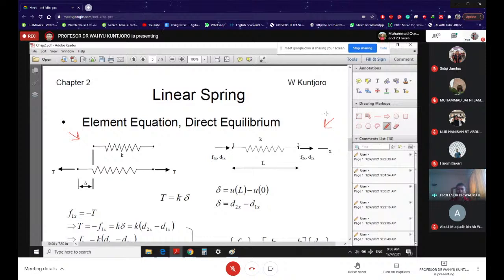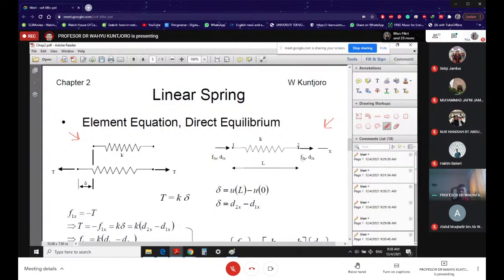Now let's do physics, mathematics and physics. D1x is displacement at node number 1. D2x is displacement at node number 2. We assume positive is in the right direction.